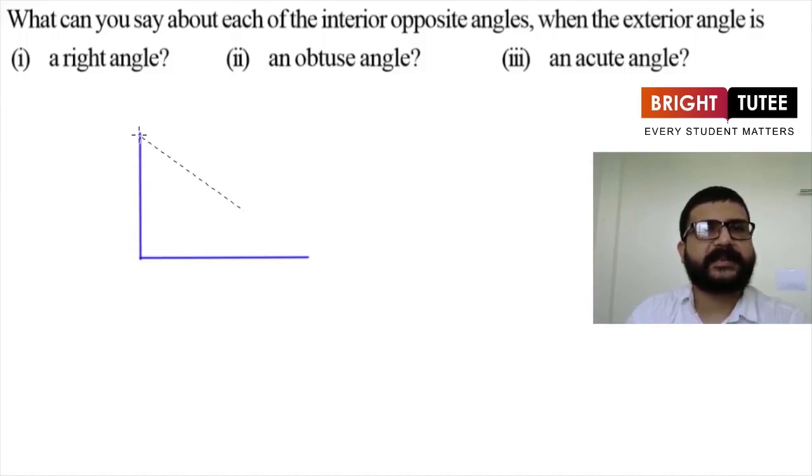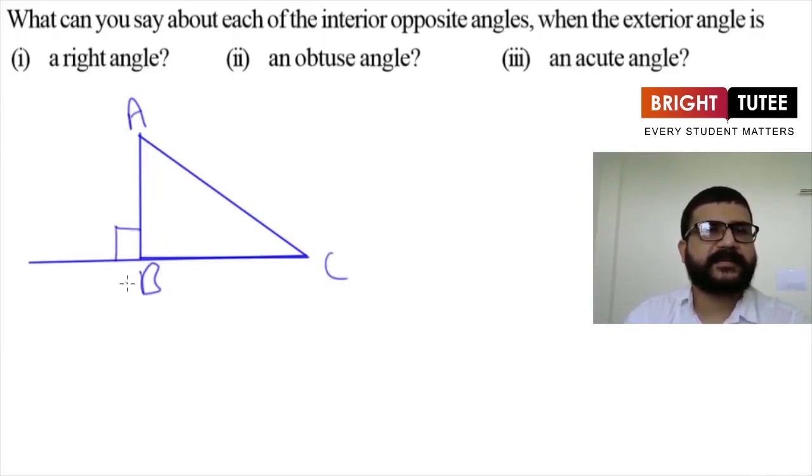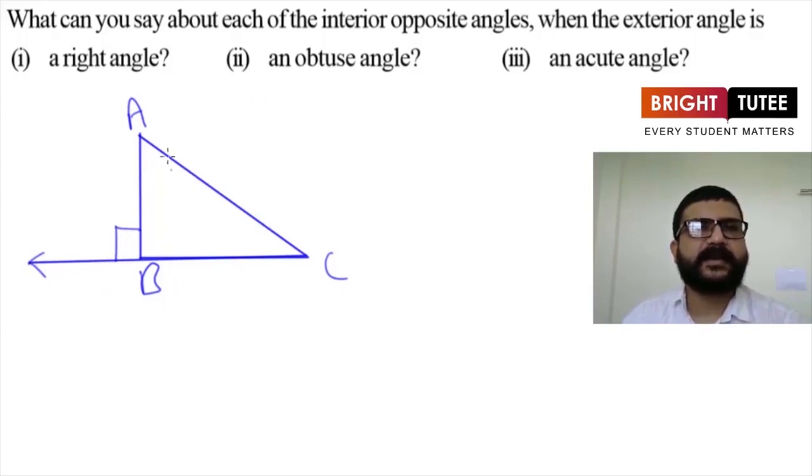Now we have this triangle and we have to extend this side. Now the exterior angle formed here will be 90 degrees. This exterior angle is 90 degrees, that is, it is a right angle. Now what can we say about the opposite interior angles?